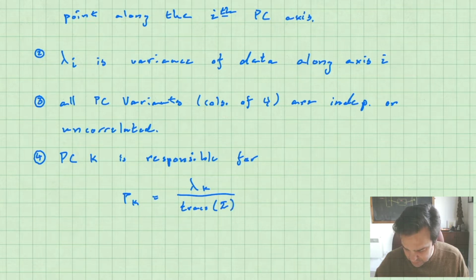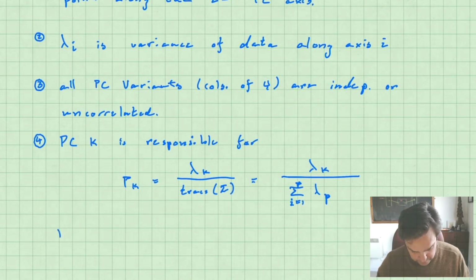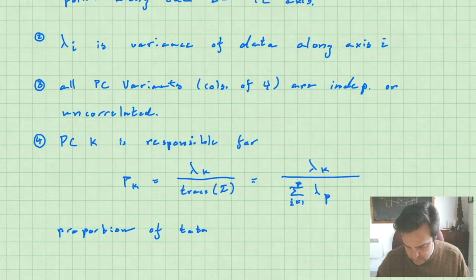So this is lambda k over the sum i equaling 1 to p of lambda i for that proportion of variance, or proportion of total variation of the data.